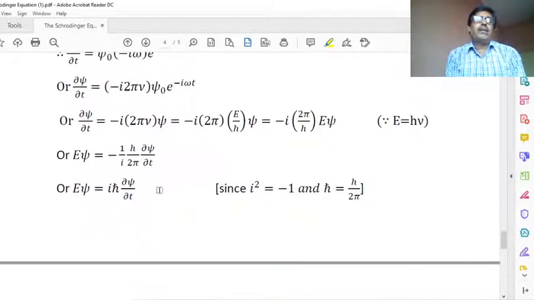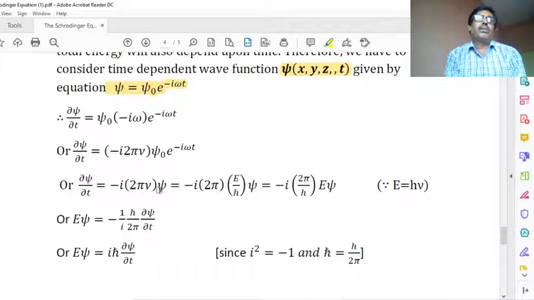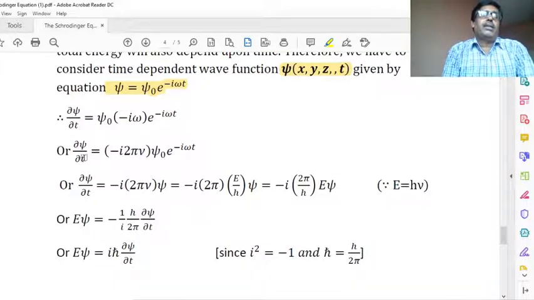Actually it is a simple calculation here. One by one, step by step, you have to make it clear. Del psi by del t: psi 0 is here, and minus i omega. Omega is equal to how much? 2 pi nu. And psi 0 is arranged here, and we may write in place psi, because psi is equal to this.